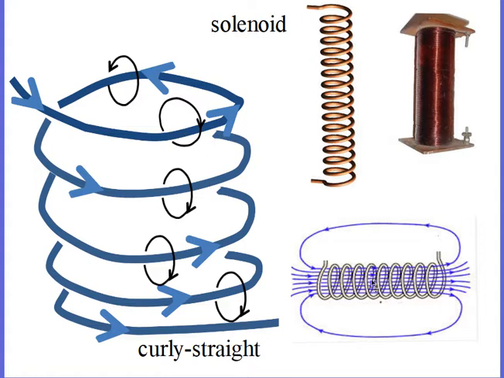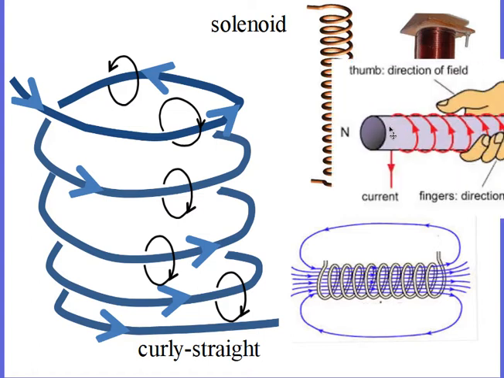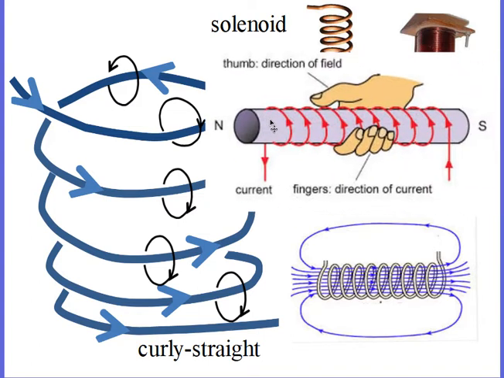But this time, the straight is the magnetic field going through the center, and the curly is going to be the current flowing around. So here you see it again. There is that same loose right hand fist, but now the straight element is the magnetic field, and the curly is this current which is flowing around.